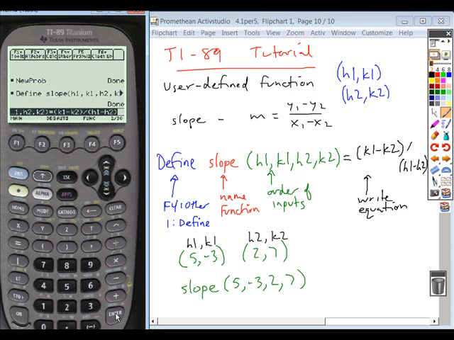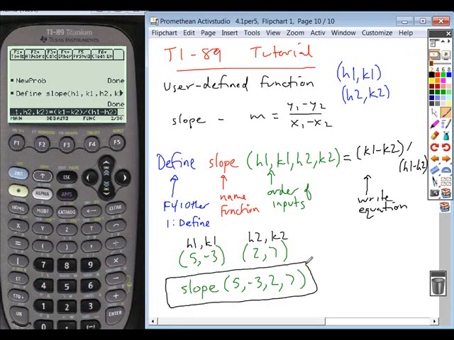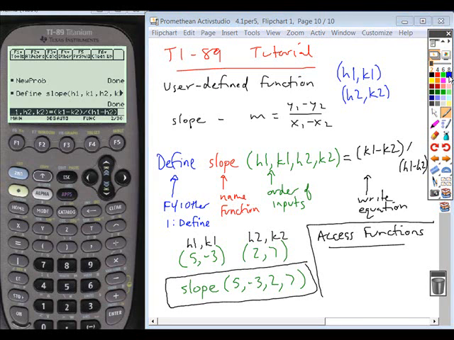So if I want to see the slope of the line passing through these two points, 5, negative 3, and 2, 7, you access the function under what's called var link, which is found by taking the second button and then clicking the subtraction key.